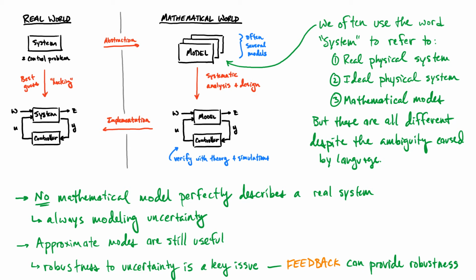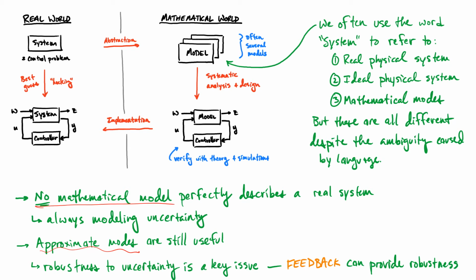So again, this is a rather wordy slide, but the main key takeaway here is that there's no mathematical model that's going to be perfect, and it's not going to perfectly represent what's going on in the real system. But what's really cool about this approach and the whole idea of modeling things mathematically is the fact that approximate models work actually pretty well.